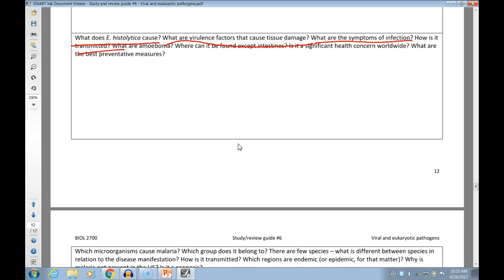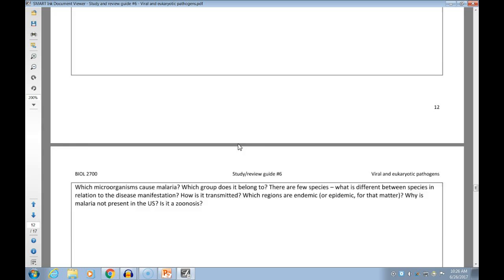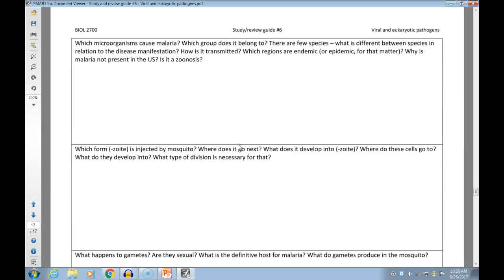Transmission: fecal-oral. Amoeboma, a granuloma that surrounds the amoebic focus of infection. Extraintestinal amoebomas, liver and lungs. Significant health concern worldwide, yes. Preventative measure: sanitation.